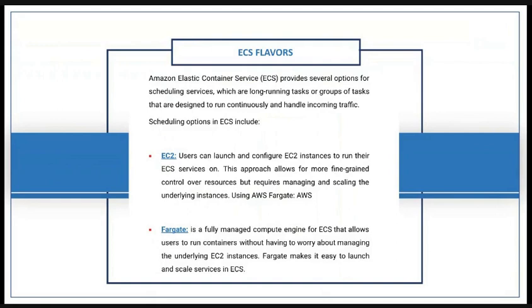With this, we do not have to spin up the EC2 instances ourselves. AWS does it for us; it just takes a task definition and runs it on the compute power that they have. So we don't have the luxury of SSHing into that instance or having to manage those instances.